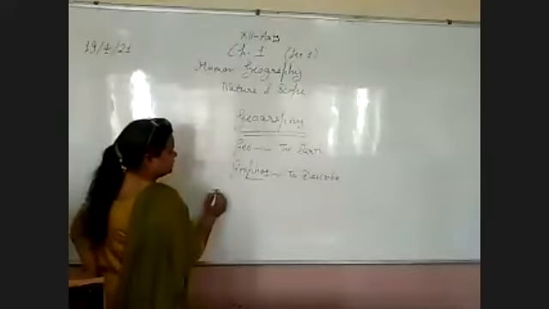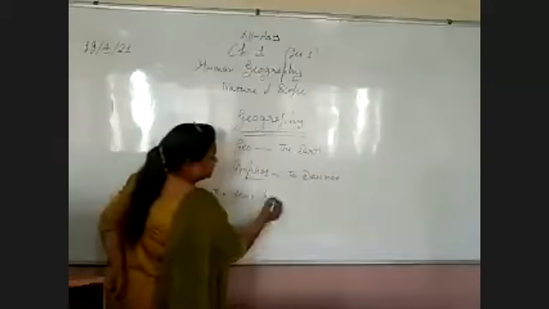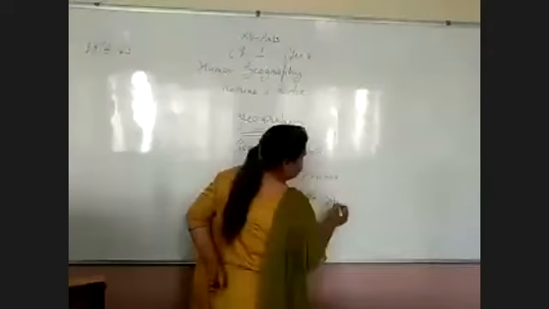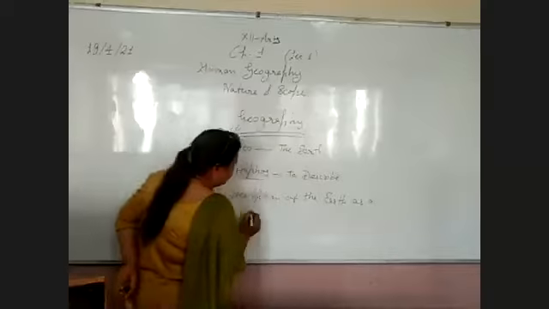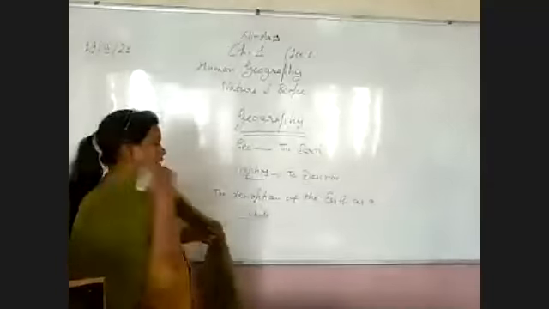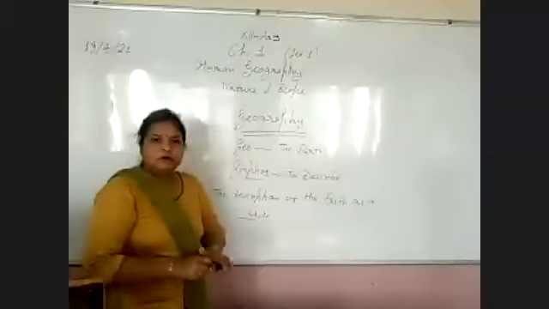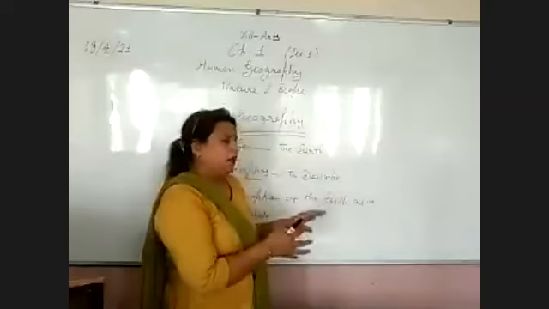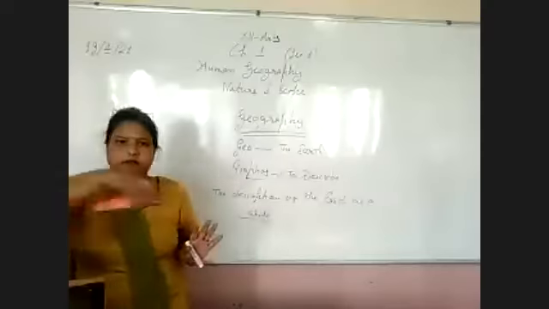So the description of the earth as a whole is what we study in geography. Everything which is found over the surface of the earth is studied in the subject geography. Right? That is the very basic definition of geography.